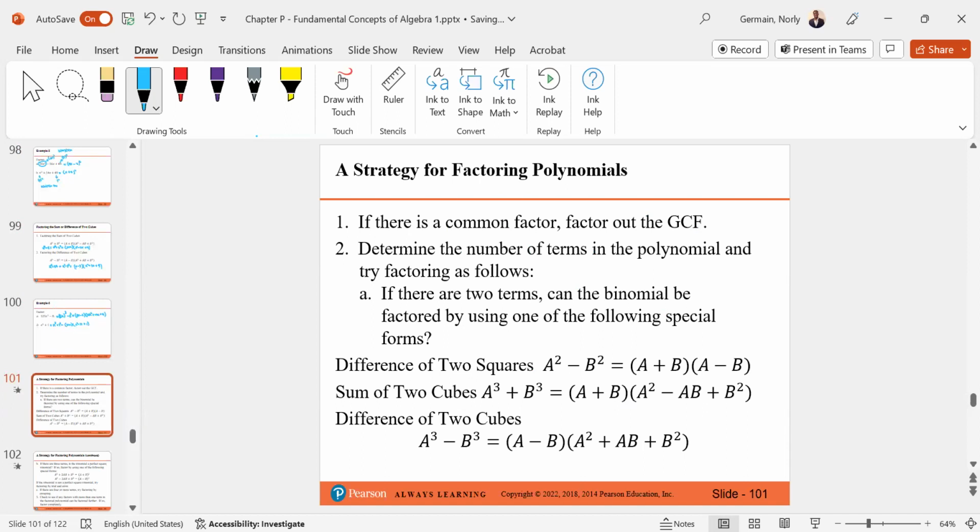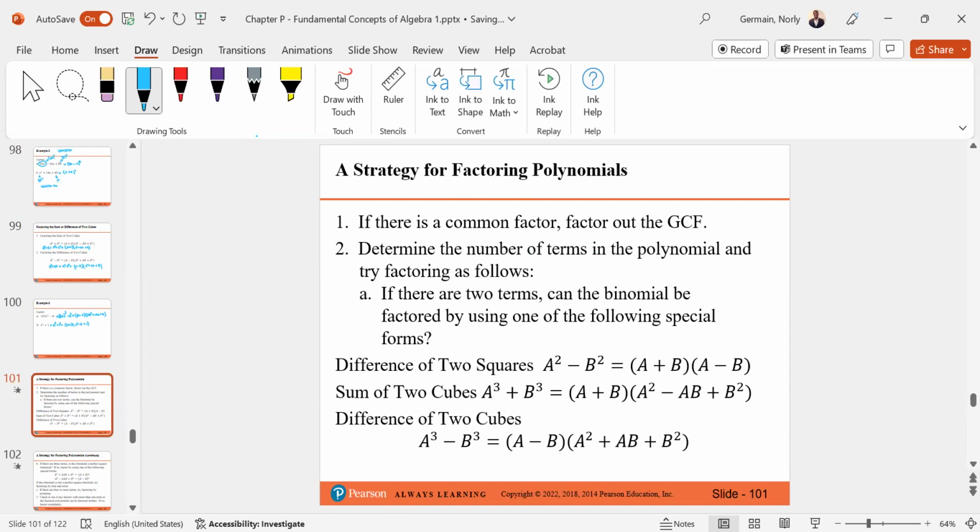The polynomial is factored completely when all its polynomial factors, except possibly for monomial factors, are prime, okay? So you need to make sure each factor is prime. Because of the commutative property, the order of factors does not matter. So either you do 2 times 5 or 5 times 2, no problem.